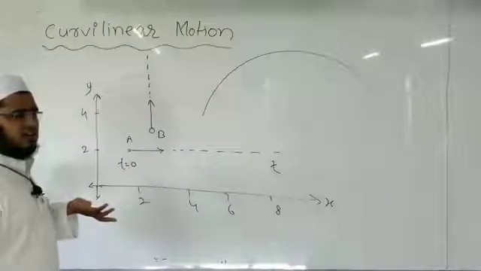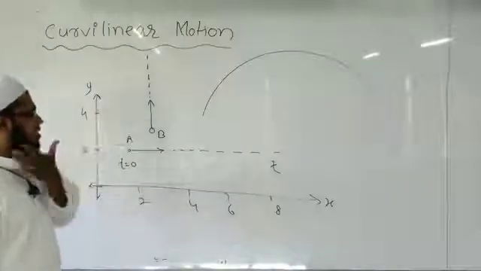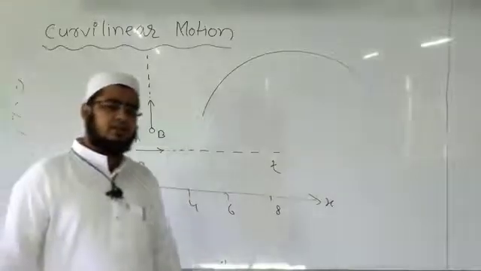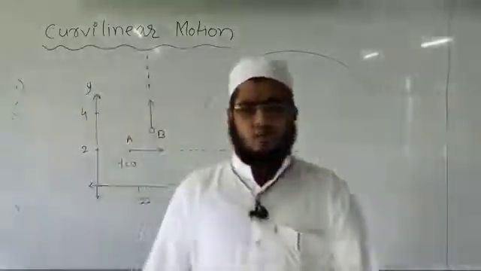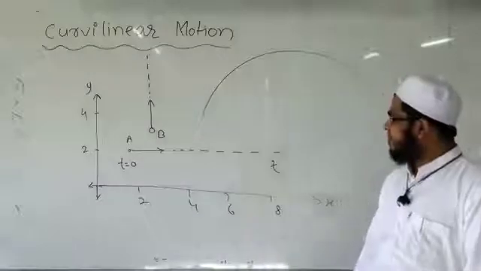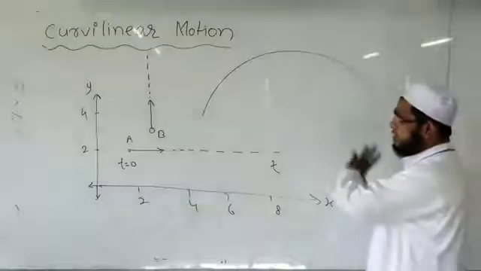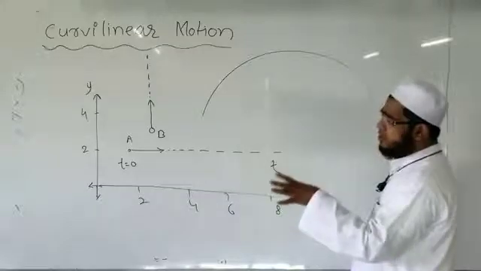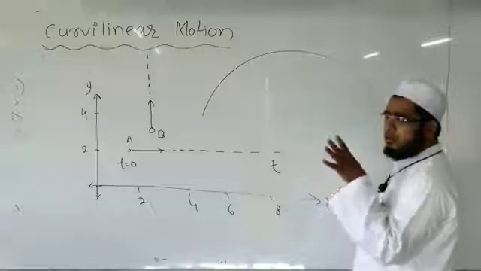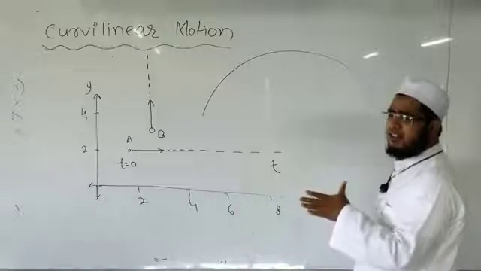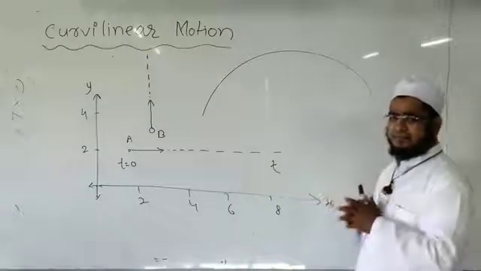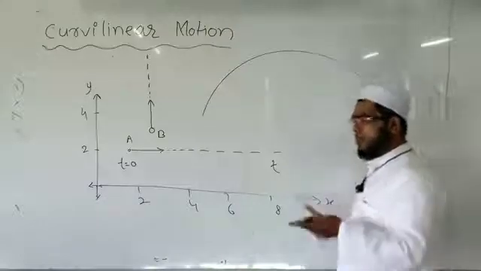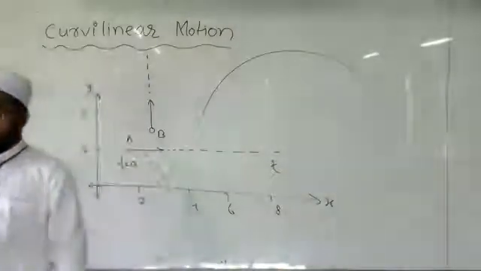And in the case of motion under gravity, the acceleration becomes acceleration due to gravity, which is always acting in the vertical direction. So in general, in rectilinear motion, the position, velocity and acceleration are along the same line, and ultimately the other coordinate becomes 0 because there is no change.